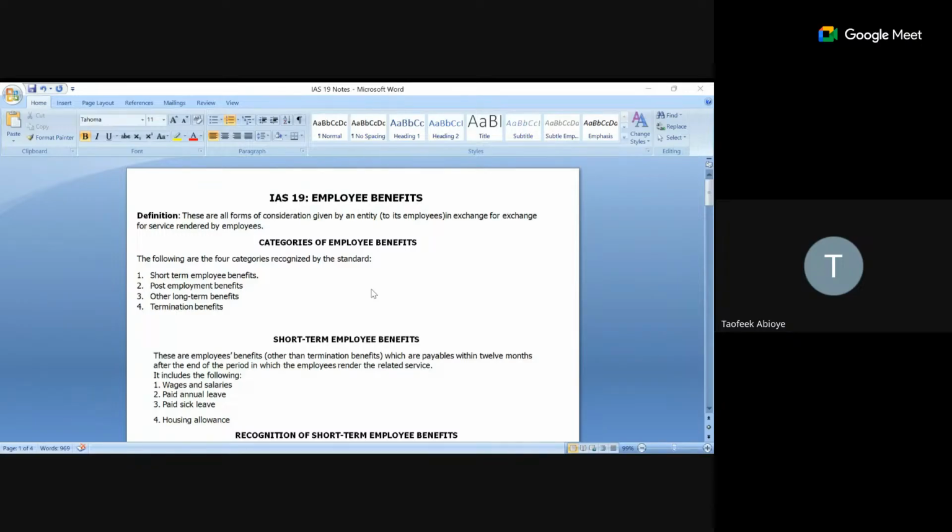D is for definition, R is for recognition criteria, then E, then A and the like, M for measurement and the like. So, definition of employee benefits.